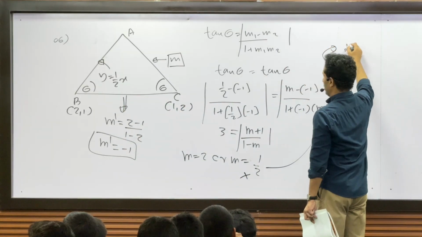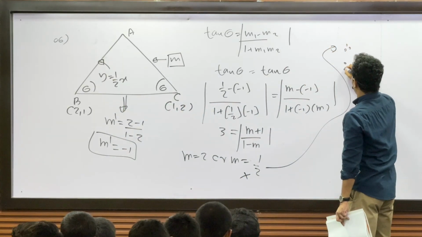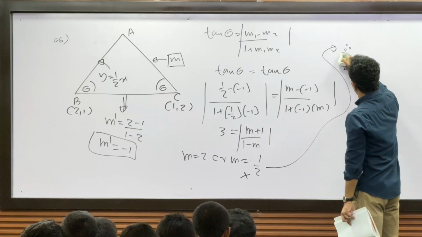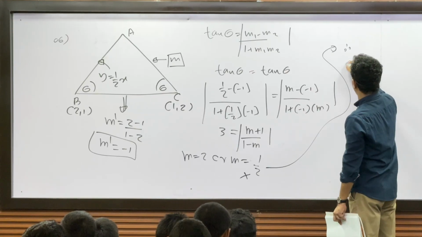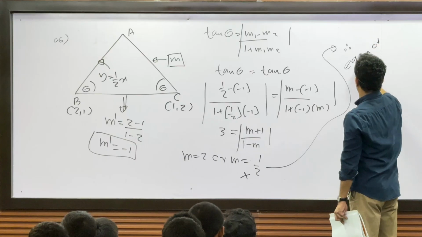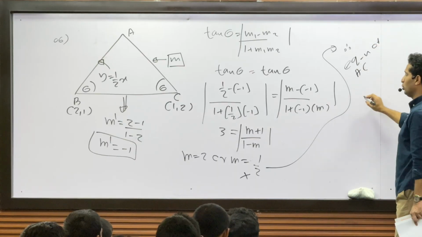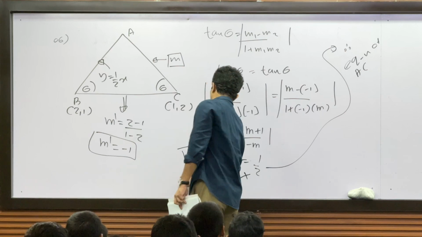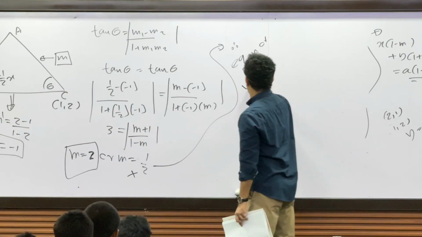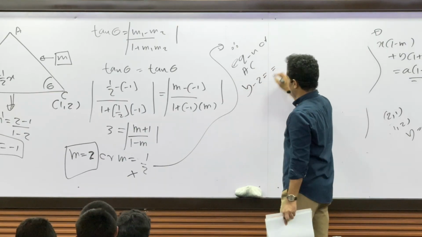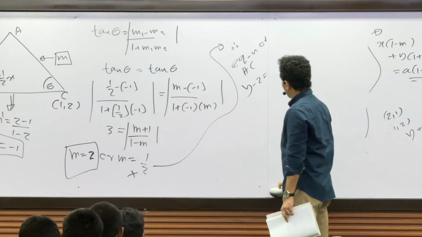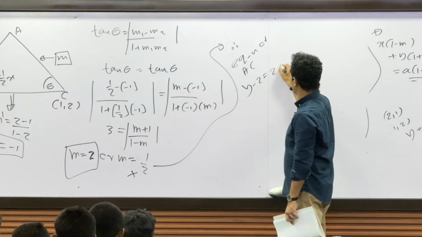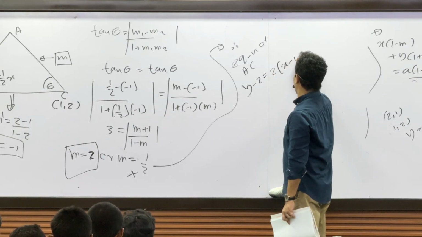Therefore the equation of AC, since the gradient is 2: y minus y naught equals m times x minus x naught, where m is 2, so x minus 1.